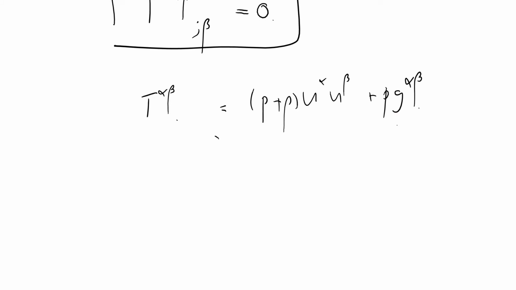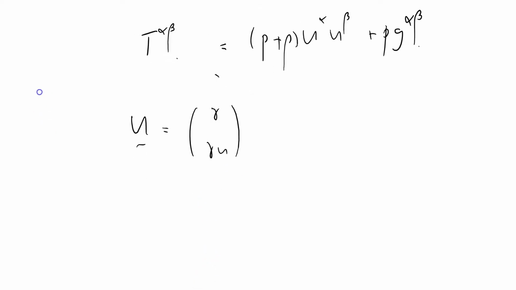Okay, so I'm just going to consider the two components, the t and the x component. So I'm just going to work in a one-dimensional world here, and I'm going to specify that my 4 vector here is gamma and gamma u. I guess I could put zeros here as well, but I'm just going to suppress those for the moment, and I'm just going to evaluate this thing here directly.